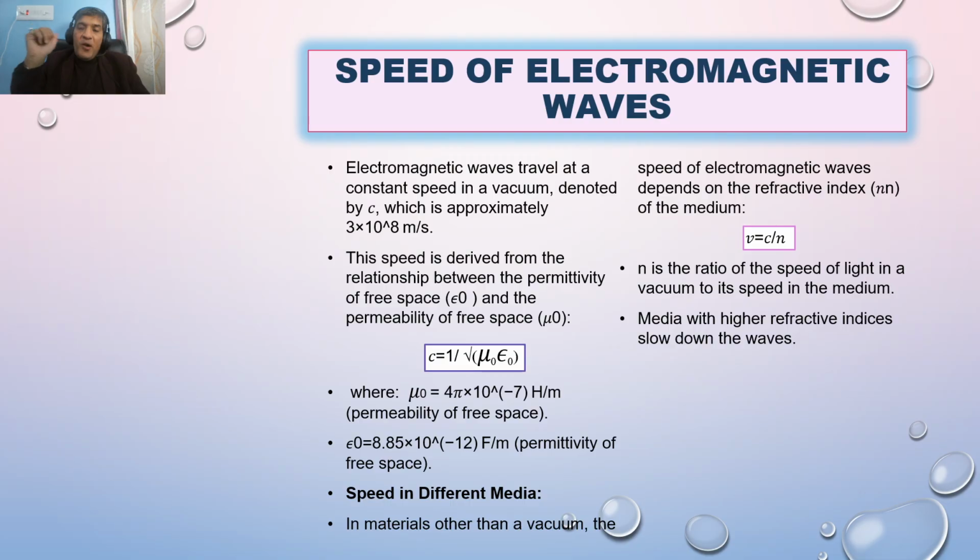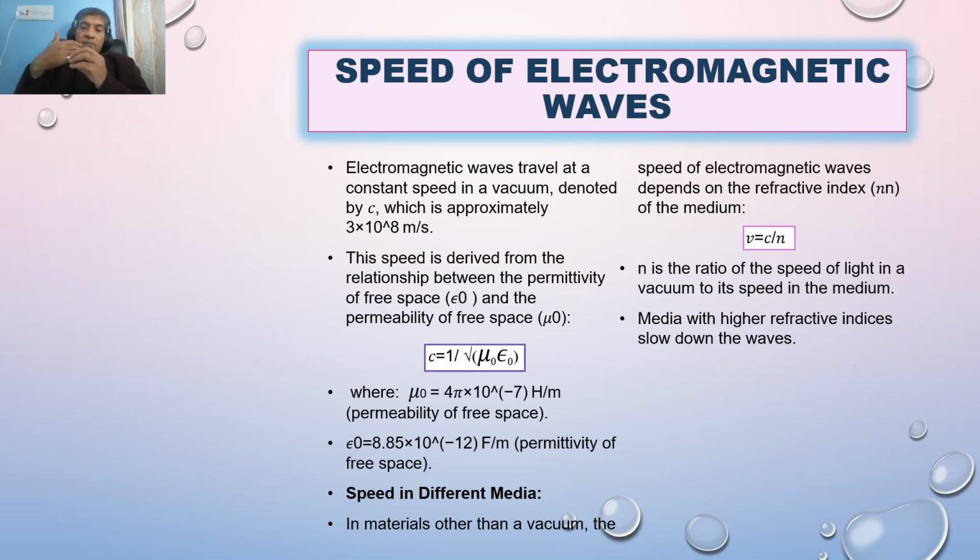In free space, where n is one, sorry, the speed of light is v equal to c. So in free space the electromagnetic wave travels with the speed of light, that is equal to c. In a material medium, the speed may decrease according to the refractive index. This is the explanation regarding the speed of electromagnetic wave in different media.